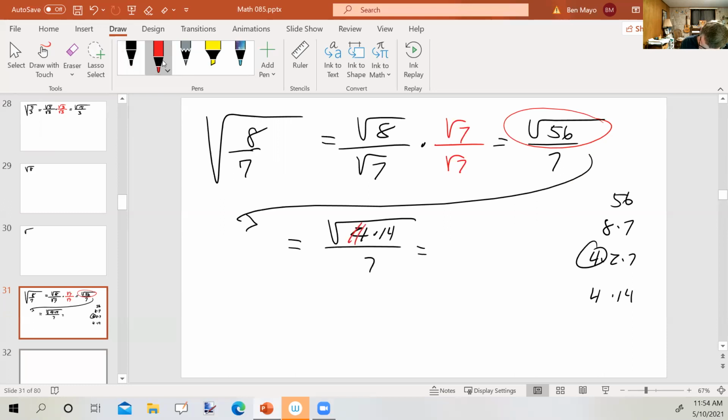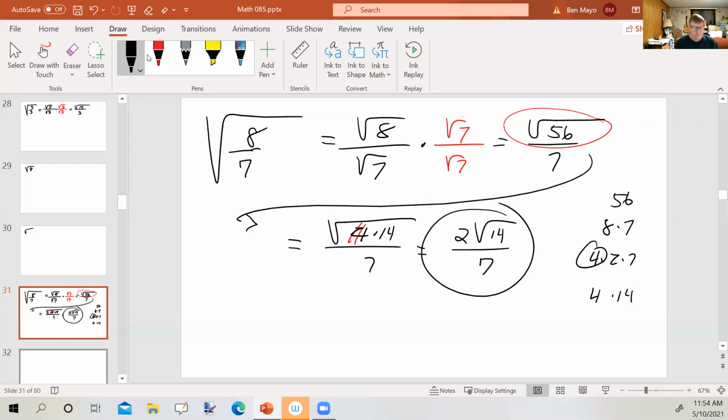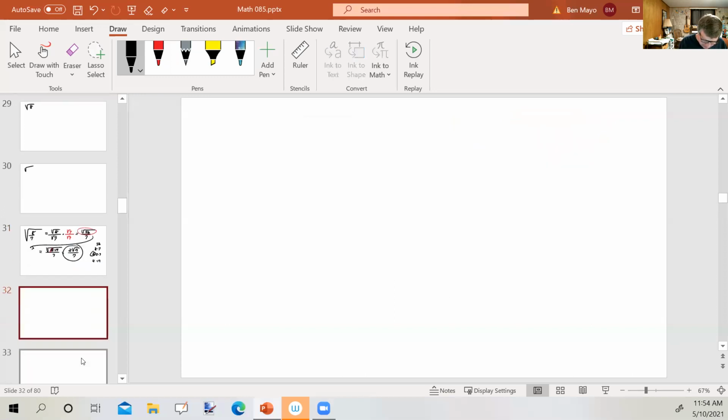But the square root of 4 is a 2 outside. So we get that answer. Again, we rationalized the denominator, but then we went back and also simplified the numerator. So it's basically anything we've taught you, then we expect you to keep doing that in future problems. Isn't that fun?